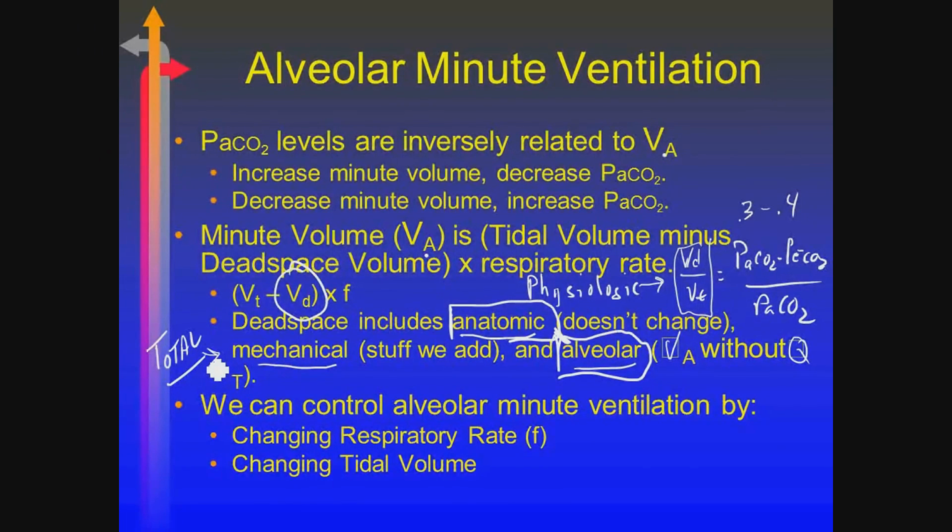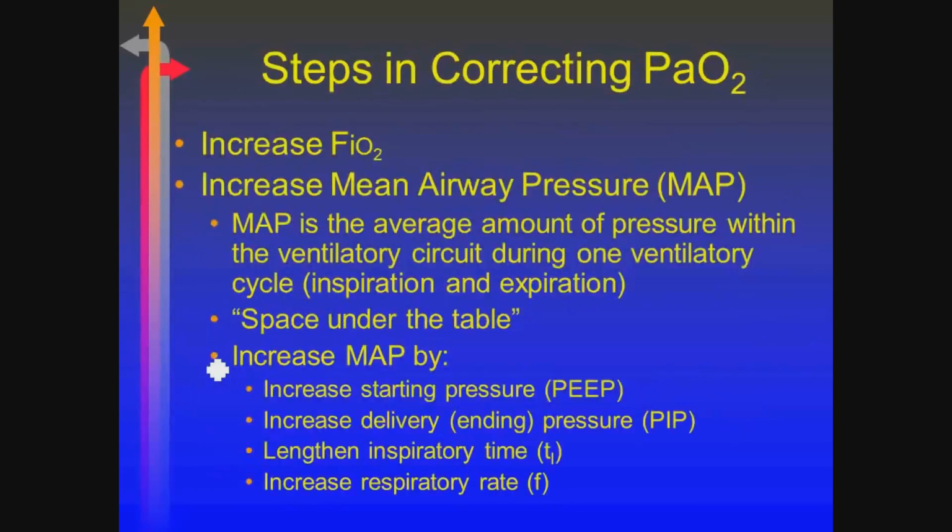Since alveolar ventilation is how we control PCO2, I have the option of either increasing the respiratory rate or changing the tidal volume. PaO2 we talked about previously. We know that we can increase the FiO2 as one mechanism.